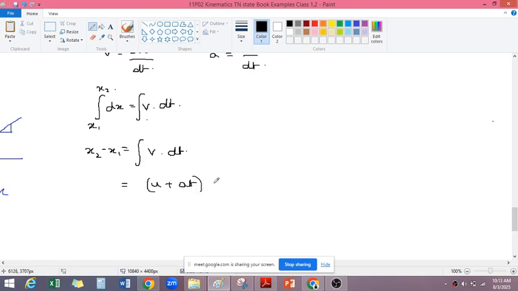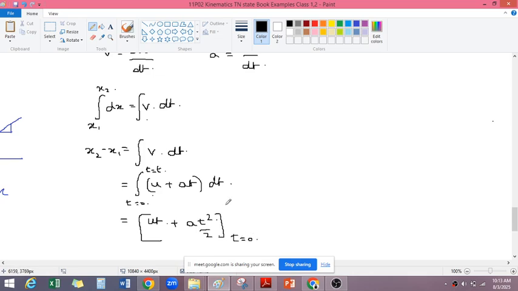So if you integrate this, you will be integrating from t is equal to 0 to t is equal to t. So if I integrate this, I will get ut plus at square divided by 2. a is a constant for uniform acceleration.